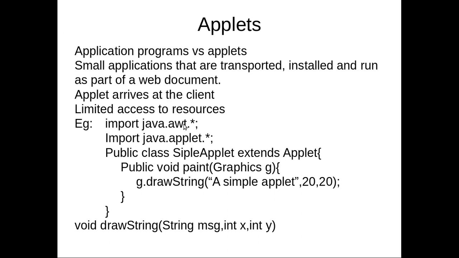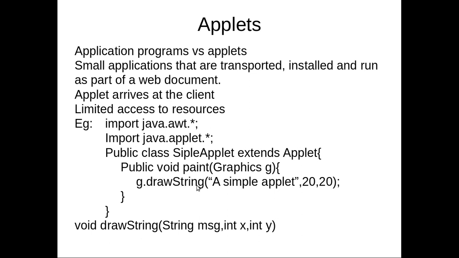Import java.awt.* means AWT is the Abstract Window Toolkit; you are going to import that package. Import java.applet.* means you are going to import the applet package also. Here, public class SimpleApplet extends Applet means you are going to create a subclass of Applet, and in that you have public void paint, with g.drawString.